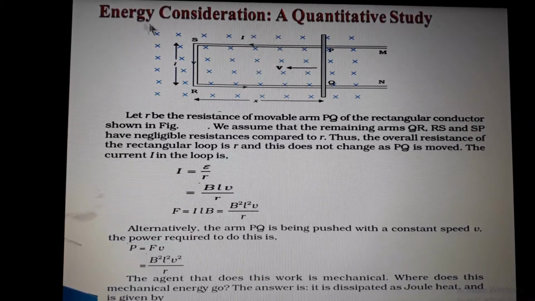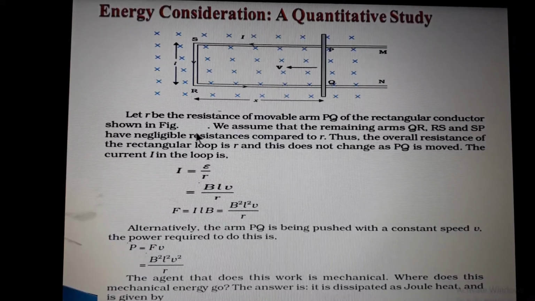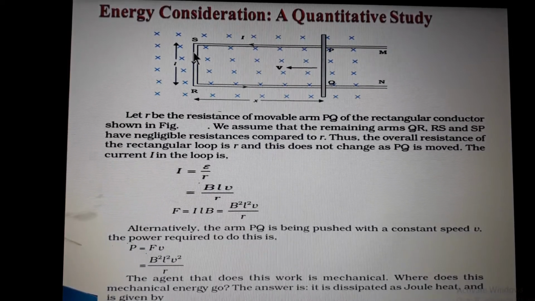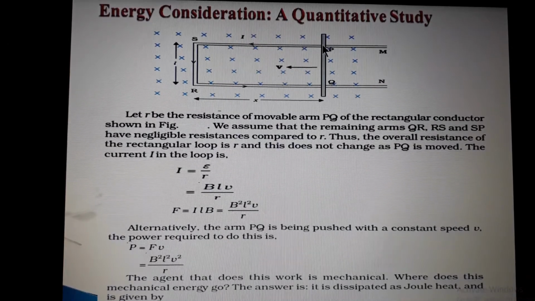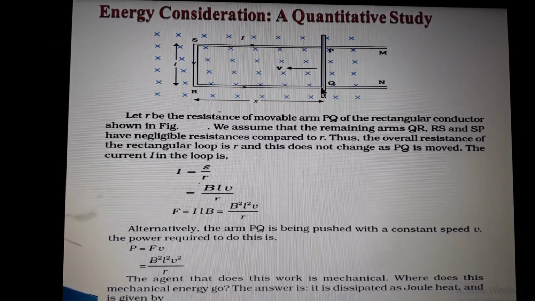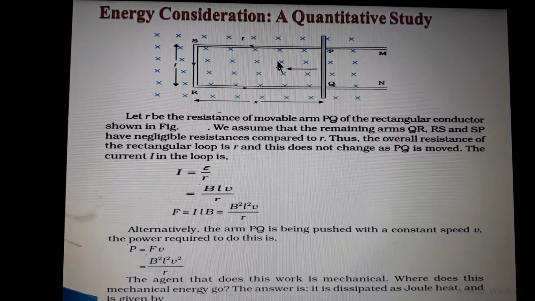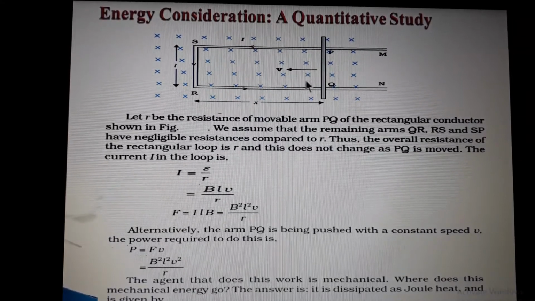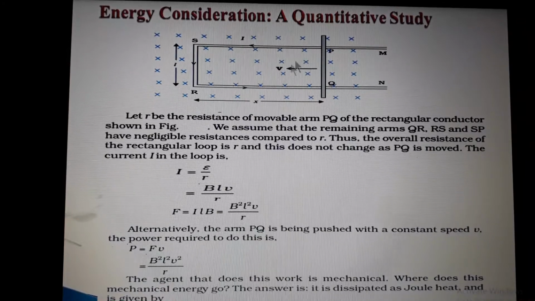Now in this lecture, let's see energy considerations. Let R be the resistance of the movable arm PQ of the rectangular conductor shown in the figure. Suppose this is the closed loop P, Q, R, S and then P. Suppose PQ has the finite resistance R, and QR, RS and SP have negligible resistance.